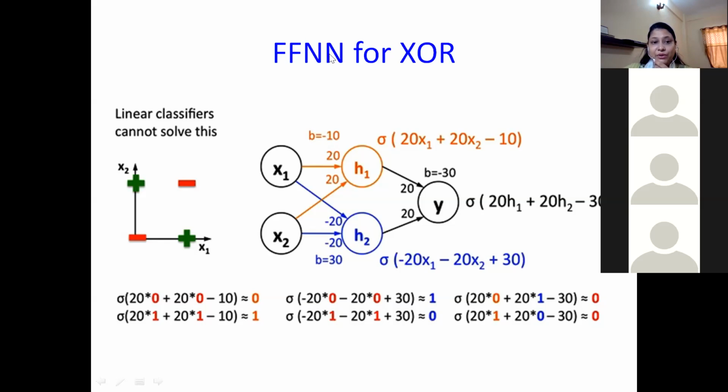Now here, in the same manner, this is for H1. Now this is for H2. By taking the same first combination, which is 0, 0, here you are getting plus 30, so automatically this must be 1.